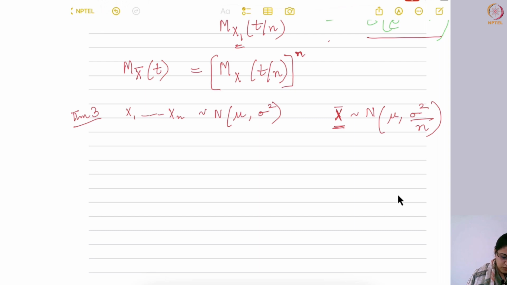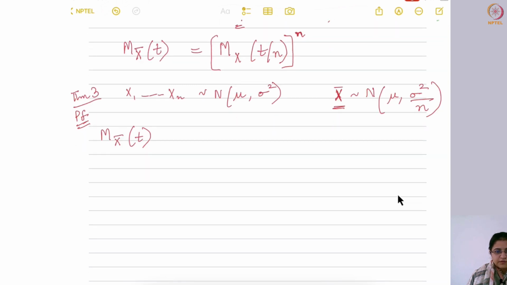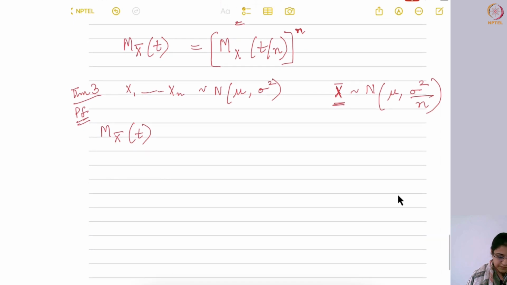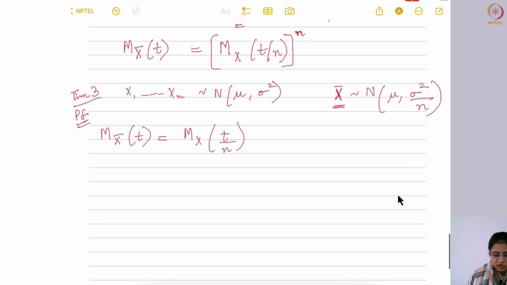So keeping that in mind, the proof says that M x bar at t is the same as the moment generating function of x at t by n, whole to the power n.